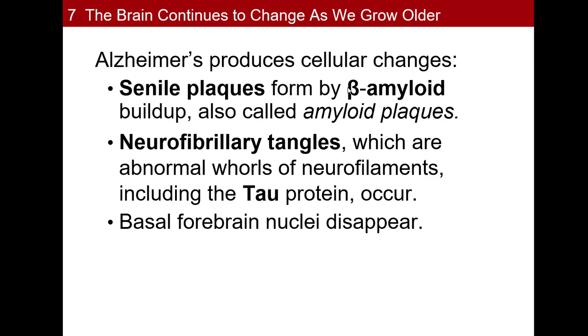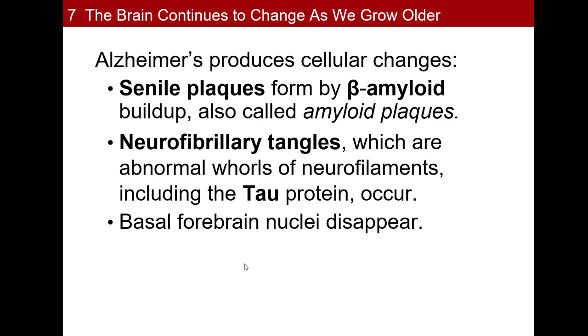You have beta amyloid buildups, this little symbol here, that cause plaques found between neurons and disrupt the connection between neurons. And then neurofibrillary tangles: you have neurofilaments that help form the structure inside of the cell. When these neurofilaments become tangled, that can damage the cell and the cell may die.